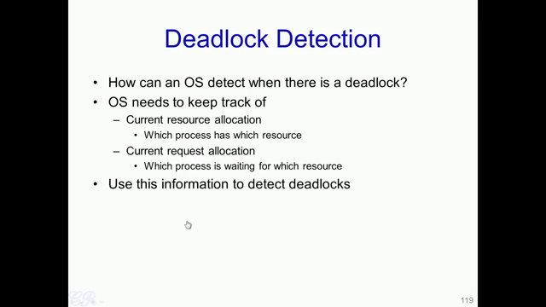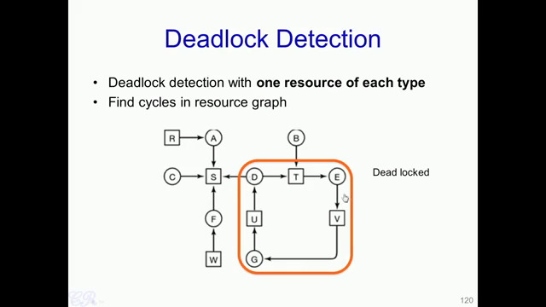The OS will then use this information to detect if the system is in a deadlocked state. The way the detection could work is by finding cycles in the resource allocation graph.